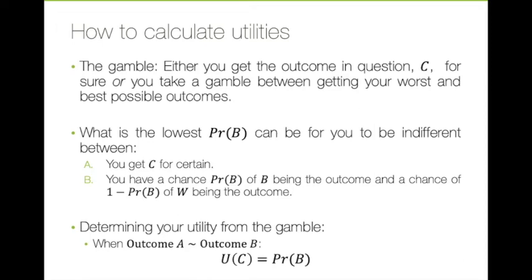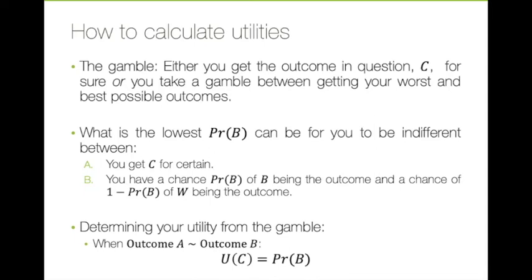So you're sliding between this 0 and 1 scale of probability and figuring out what number between 0 and 1 as a chance of your best outcome would make you indifferent between gambling for your best outcome and getting C for certain. Remember, our goal in this funny puzzle, this funny choice, is to determine your utility for C.